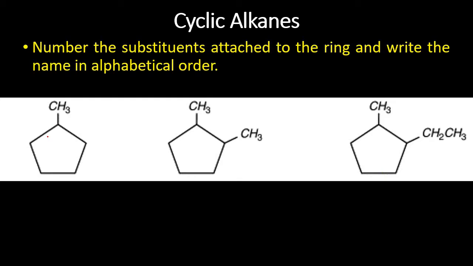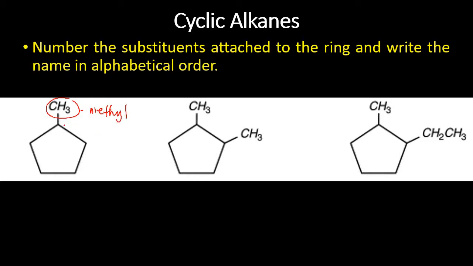Okay, so again, the second step is number the substituents attached to the ring and write the name in alphabetical order. In our first example, our structure has only one substituent, this one. And we know that this one is methyl.